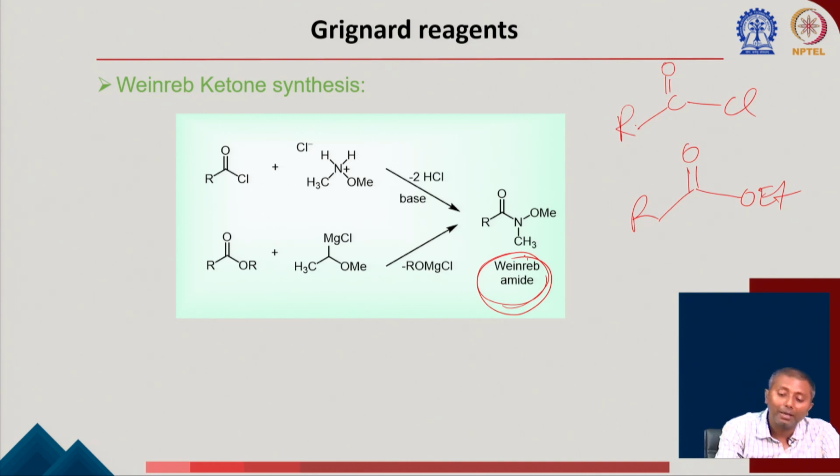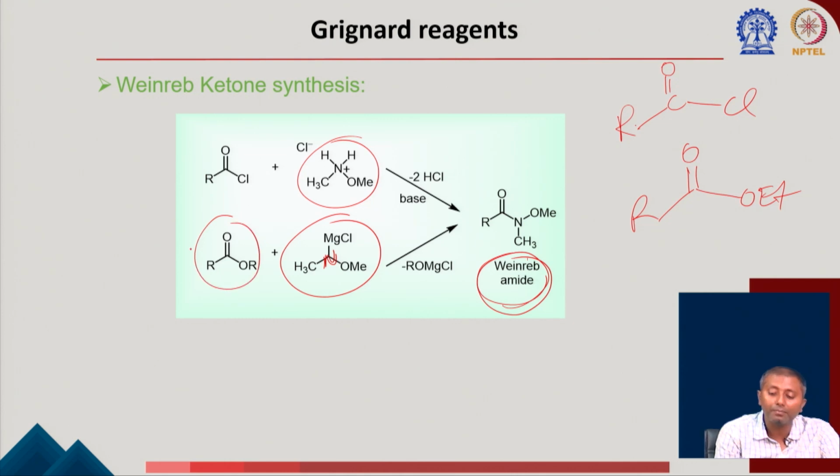You can take this particular amine, and there will be a nitrogen here. Once you have this N-MgCl-O with this type of Grignard reagent, if you treat with the ester, or in this case the corresponding acid chloride, what is going to happen? It is going to form this corresponding Weinreb amide here.